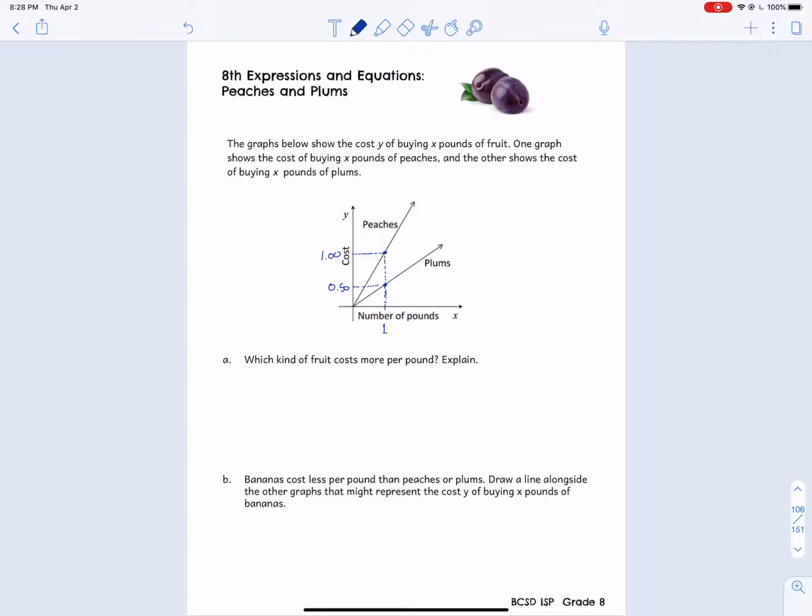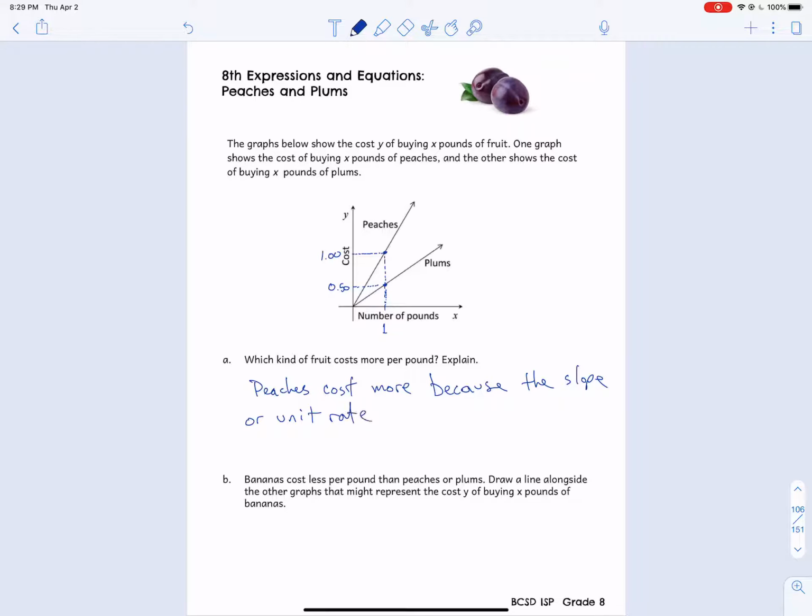So for part A, peaches cost more because I'm going to say the slope or unit rate, because if it's proportional, they both go through the origin, the slope and the unit rate are the same.